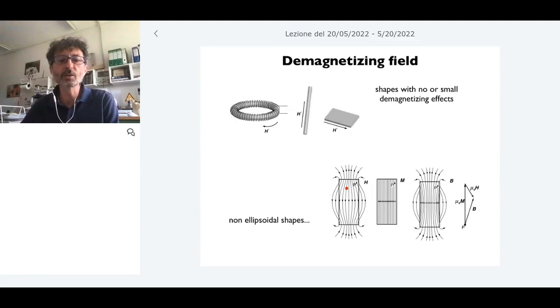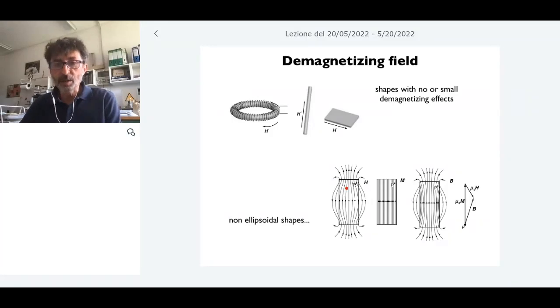If I cannot do that, at least I can produce a very long rod and magnetize along the rod. If I have no way to make a rod and I have to limit myself to something which is flat, then it's better to choose a magnetization direction in the plane and not perpendicular to the plane. Otherwise, I will have to deal with enormous demagnetizing fields.